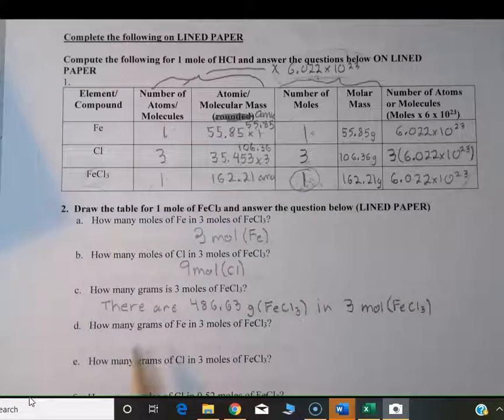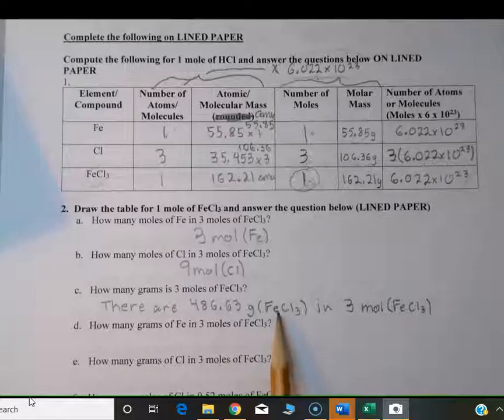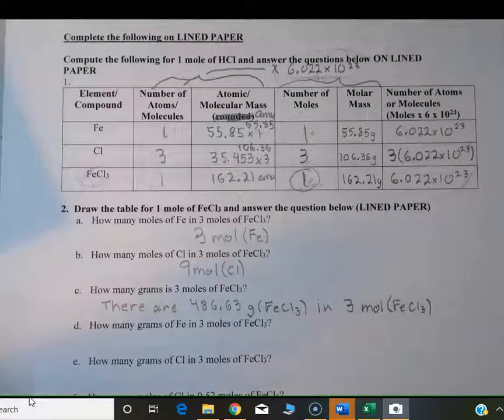Okay, so there are 486.63 grams of the compound in 3 moles of that compound. Okay, just multiply both things by 3.